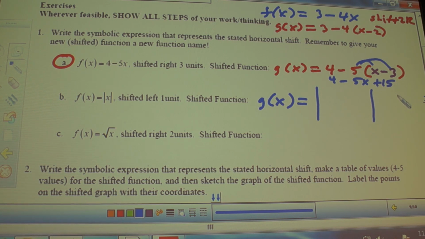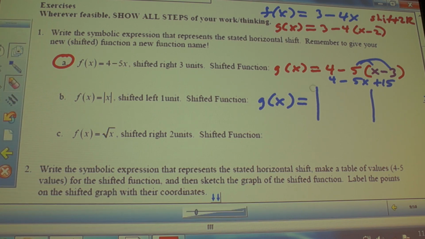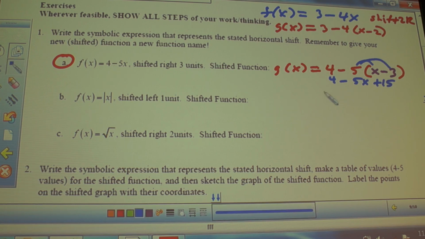And then can I combine like terms? You do 15 plus 4. Yep, 15 and 4, so I end up with 19. Let me erase this, I guess. 19 minus 5x. Or negative 5x plus 19, either way.